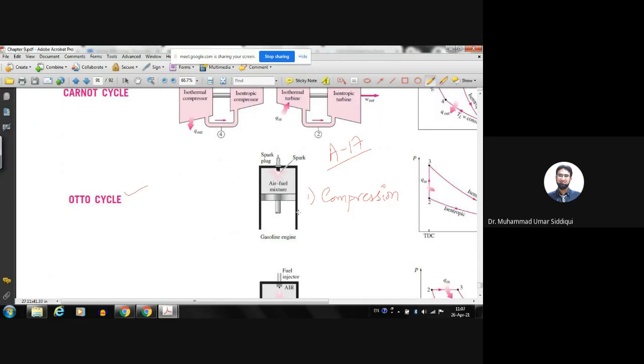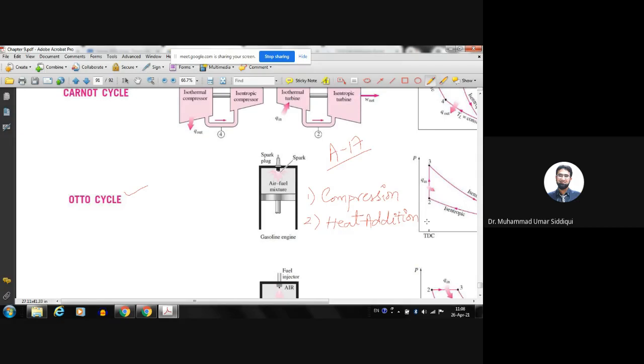The next process will be heat addition. Once you have compressed the working fluid, you now have a high-pressure working fluid, and then you add heat into it. What is the methodology of heating it?